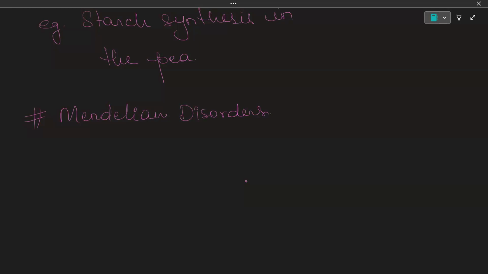Now, Mendelian disorders, how are they determined? It is because of mutation in a single gene. So they are determined by mutation in a single gene, meaning only one gene.